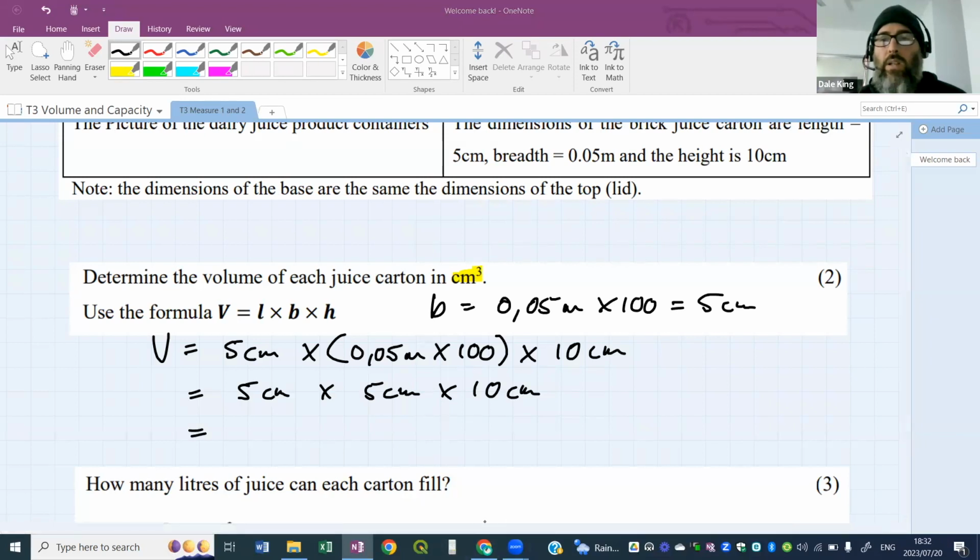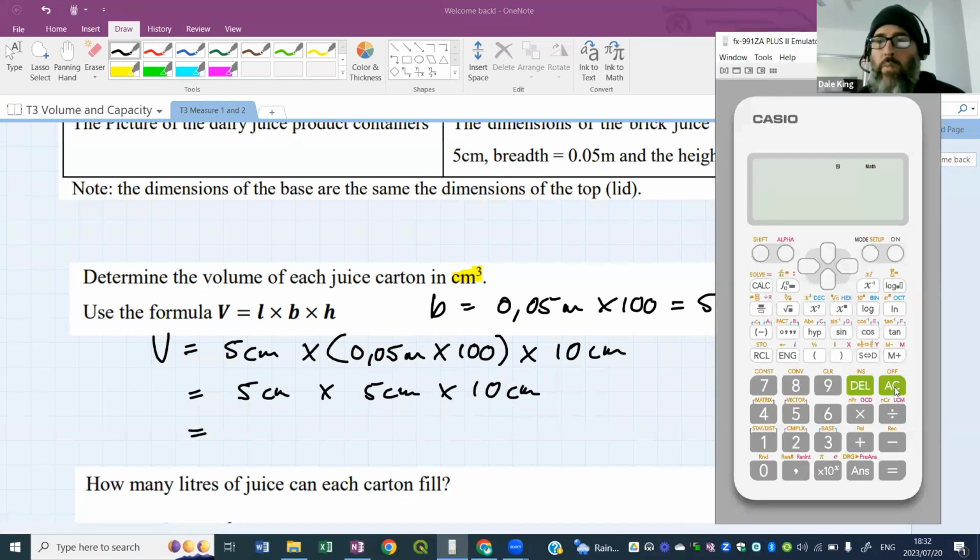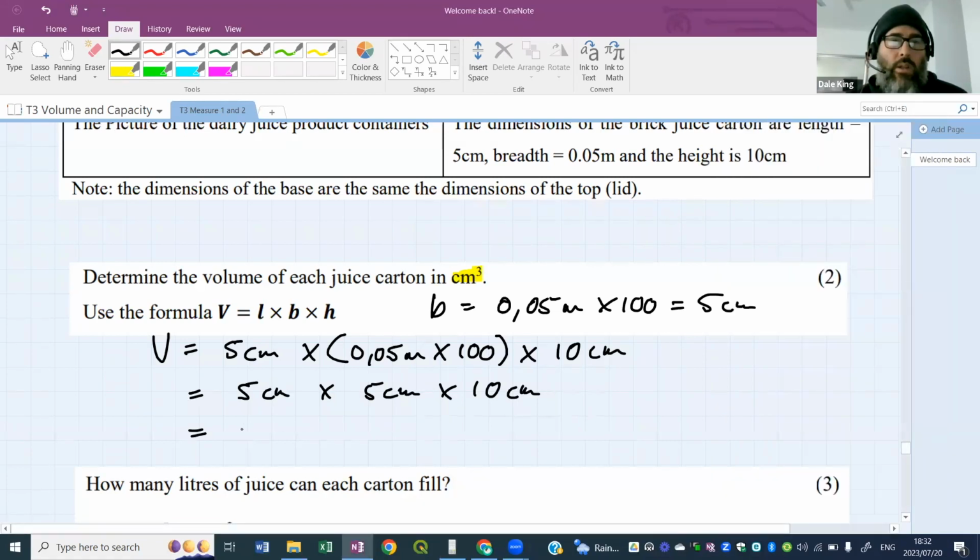And then you get your calculator because it must do the work for you, because that's why you bought this thing. And you say the answer is 250 centimeters cubed. Okay, are we all getting that? Yes.